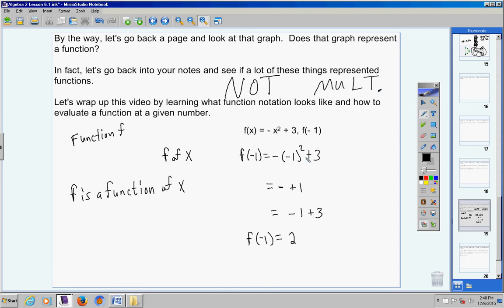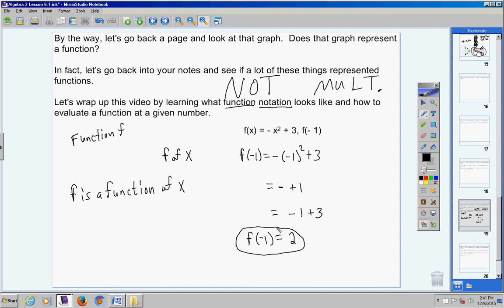It does not, okay? It's just function notation. It's a way to write a function. It means f of x. It means f is a function of x, or f is based on x. Okay? So when you get all done here, that's as far as you go.